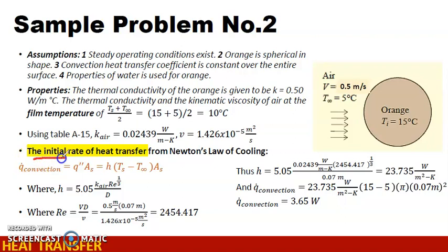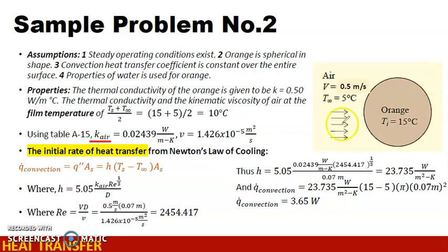So the initial rate of heat transfer from Newton's law of cooling, so that's very familiar to us, I think, already. So that's h times (Ts minus T infinity) times the surface area. So we don't have the value of h, the convection coefficient, but it is given in terms of the Reynolds number as well as the diameter and the K of air. That's why we need to get the K of air initially.